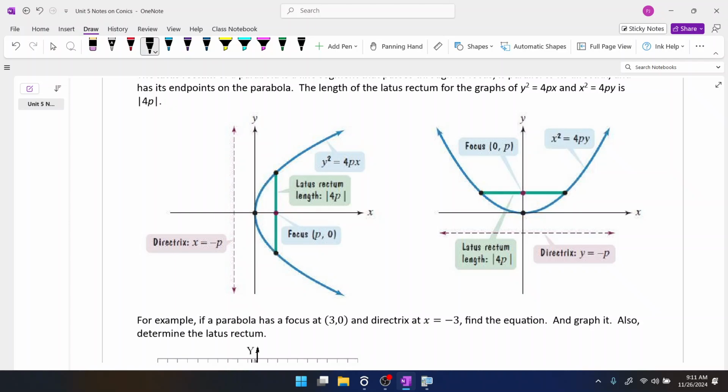Now, what I want you to do here is I'm going to give you the focus and the directrix. And I want you to find the equation, and then you're going to graph it. And from that, you'll also be able to find the latus rectum.